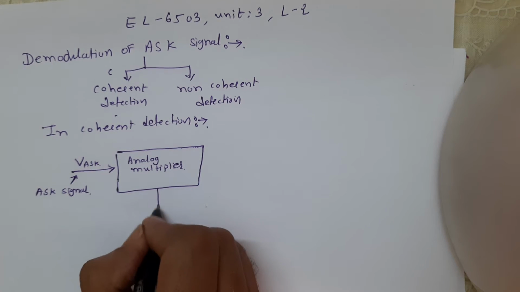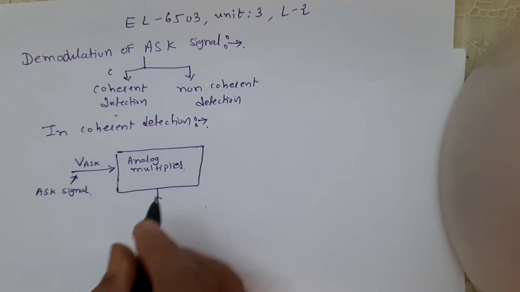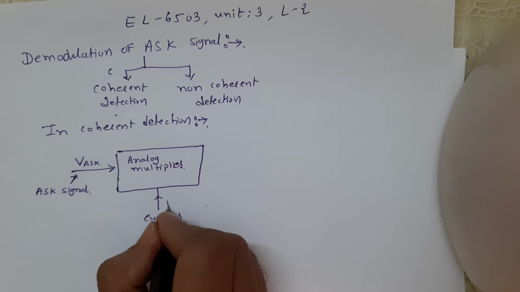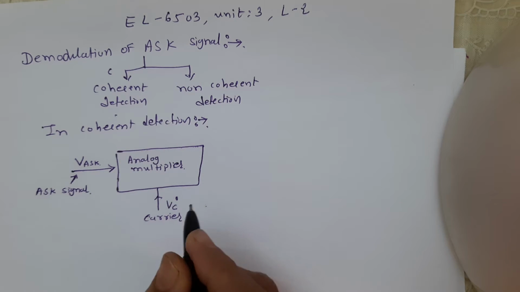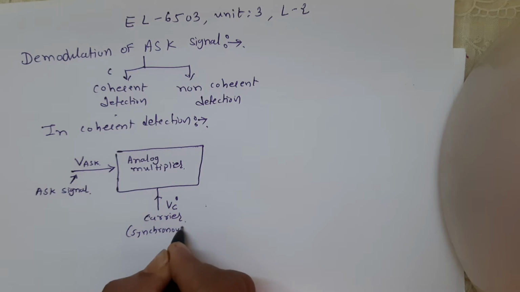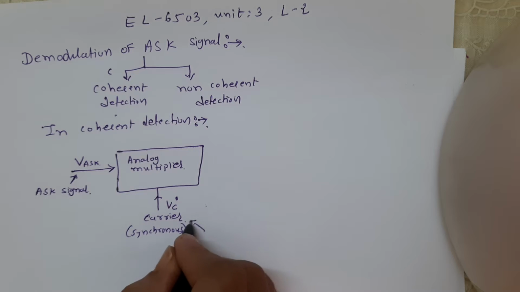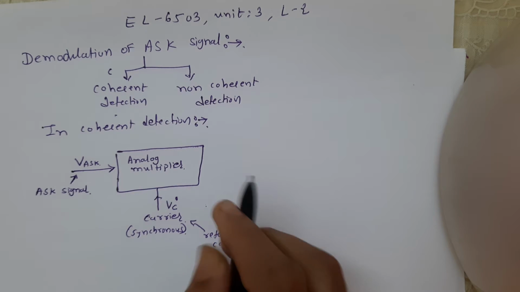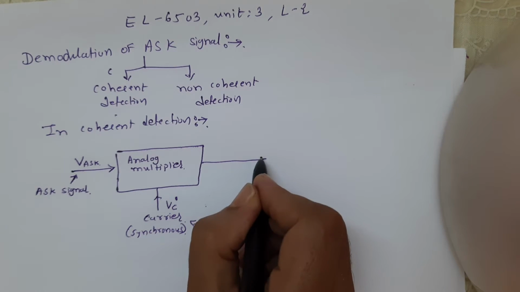It is multiplied with the carrier, which is known as Vc dash. It is our synchronous, that means our reference carrier.